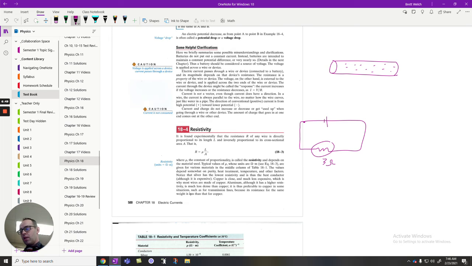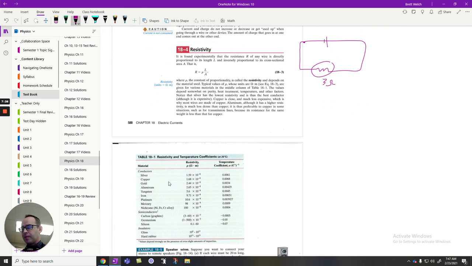And so we have what's called resistivity, and if we want to know the resistance of, say, a length of wire, the resistance of our wire will be rho, the resistivity of the material, the proportionality of resistance, times the length divided by the cross-sectional area. So you could imagine this is the length, and this right here out on the end, that would be the area. Now this rho, it's not the density, but you could have an argument about how it's connected to density. It just has to do with the specific material that we're working with.